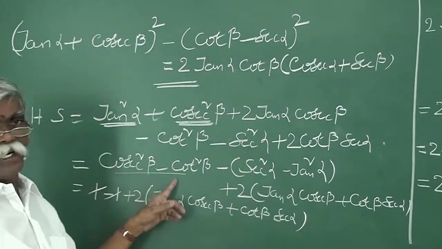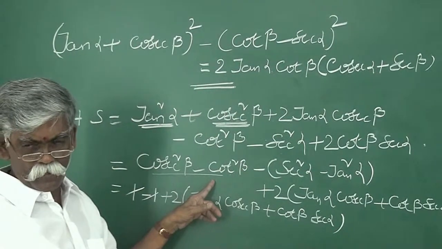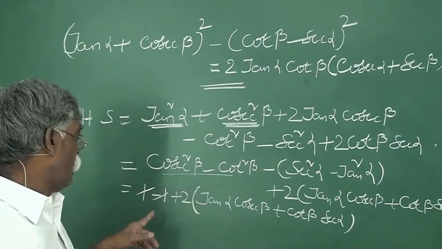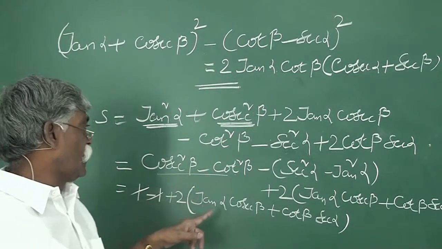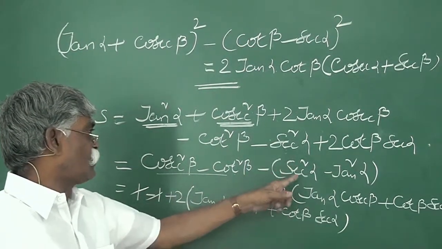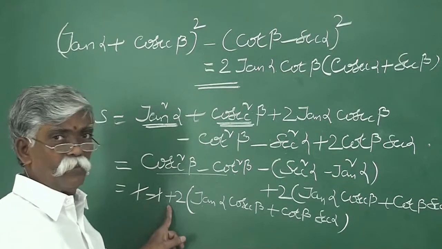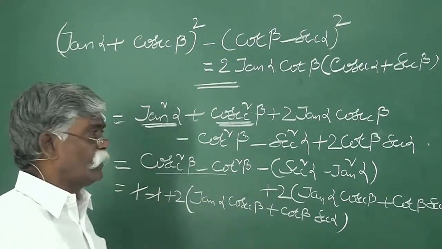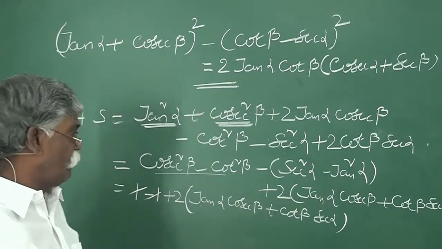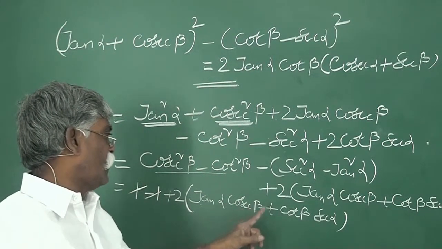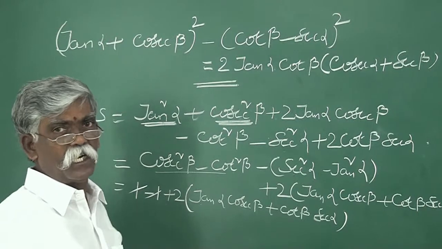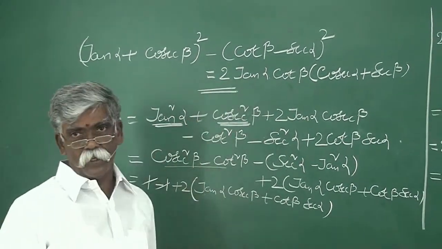Now cosecant square beta minus cot square beta is 1, and secant square alpha minus tan square alpha is 1, 1 minus 1 plus 2 into this is as it is. 1 and 1 gets cancelled. Now we are left with 2 into tan alpha cosecant beta plus cot beta into secant alpha, but it is not the answer.